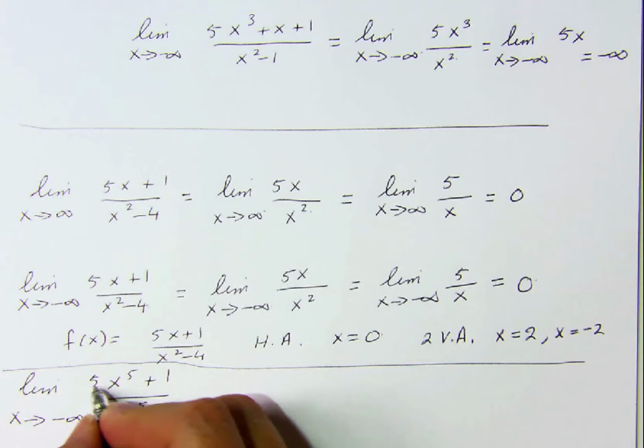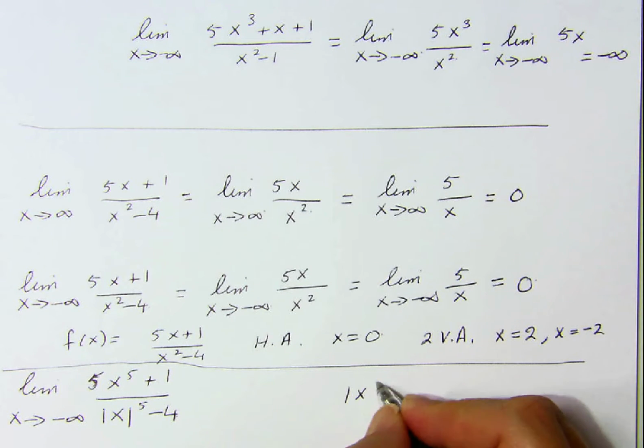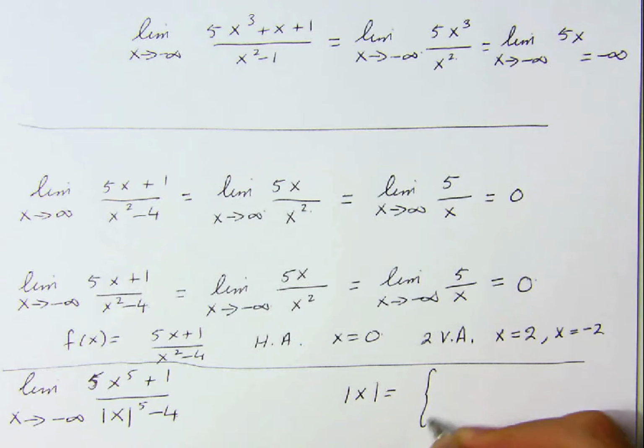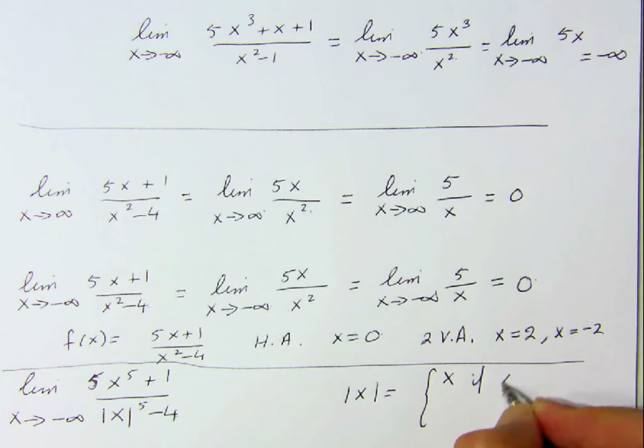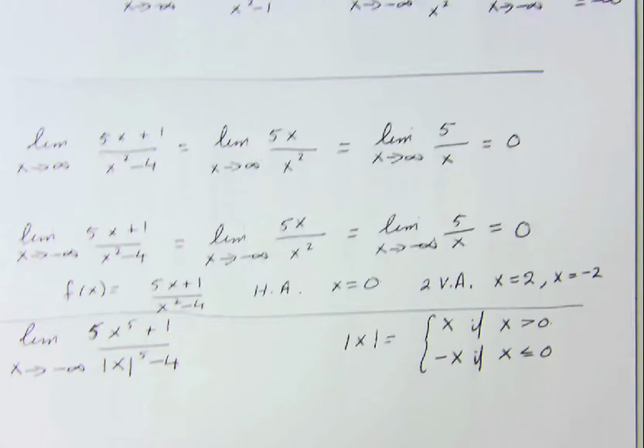Now this function has an absolute value in it, and we must remember that the absolute value of x is equal to x if x is greater than 0, and it's equal to negative x if x is less than or equal to 0. So since we're calculating the limit as x approaches negative infinity, the x's we're considering are eventually all negative.